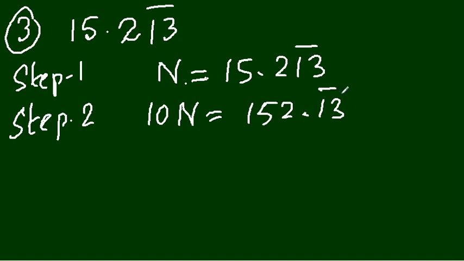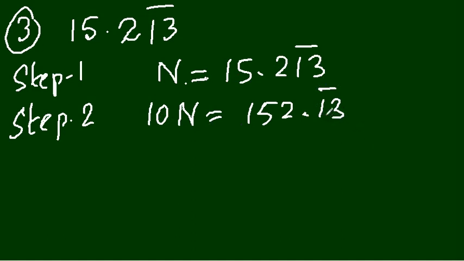Now can I do the subtraction like in the previous cases? No, because the decimal part of this is different from the decimal part of this, and if I try to do the subtraction, I will still end up getting a non-repeating decimal part, which is not what I want. So I can multiply this with another suitable number, where the decimal part is exactly the same.